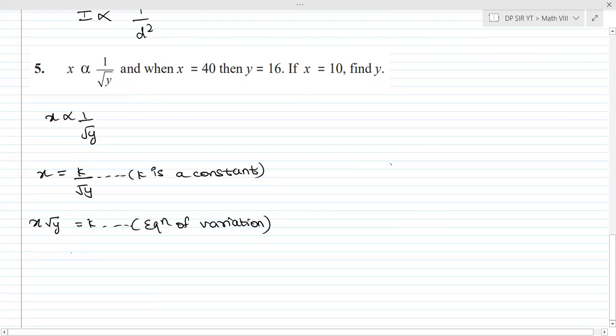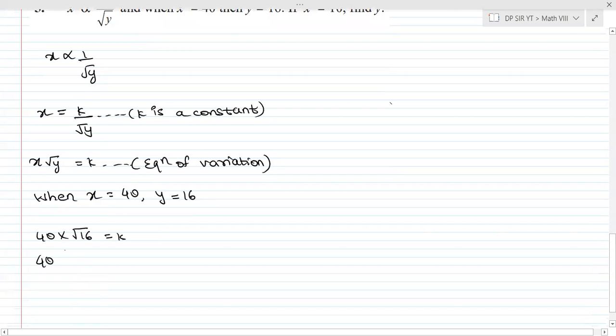Okay. So now, when x is equal to 40, see they have given me one case. So using that case, I'm going to find the value of k. So when x is equal to 40, y is equal to 16, isn't it? So 40 into root 16 is equal to k. But what is root 16, my dear child? It is 4. So 40 into 4 is equal to k.